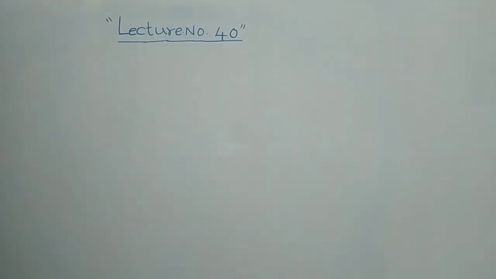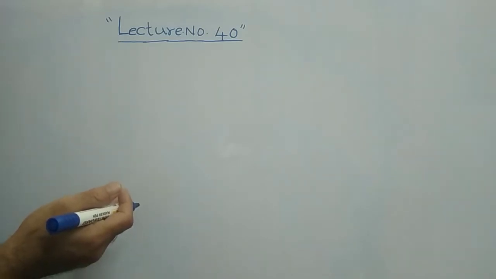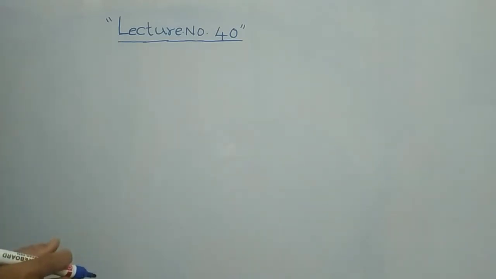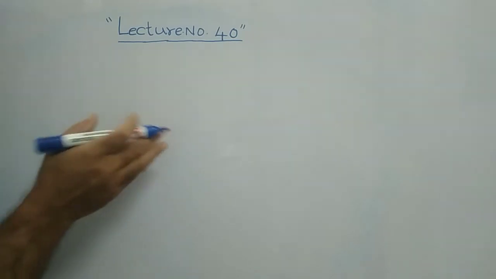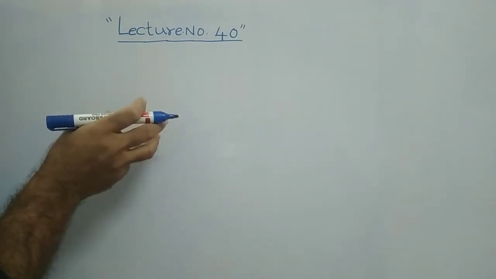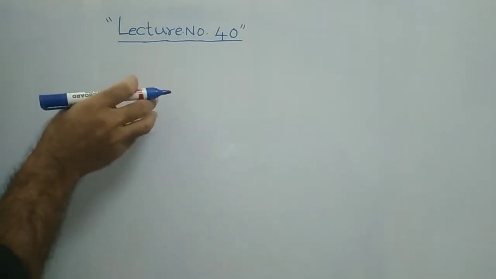If you recall our previous presentation, there we have seen some examples on these time domain specifications. We also saw the steady state error, what it is and what the expression for steady state error is.